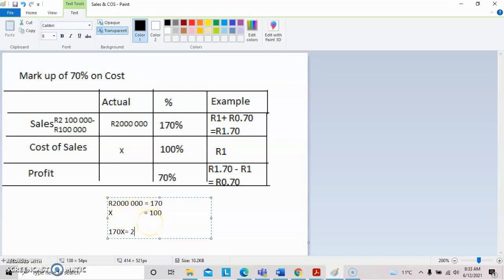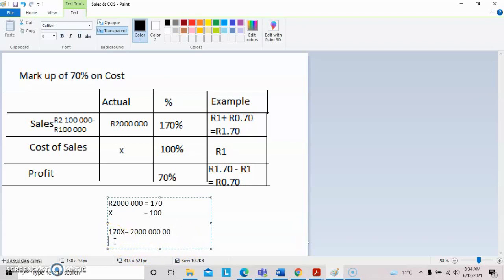I'm just going to say 2 million again, and then add two zeros from the 100. You can just multiply it yourself. Okay, so now we have something like this, and when you have something like this, it means that we can easily solve for X.